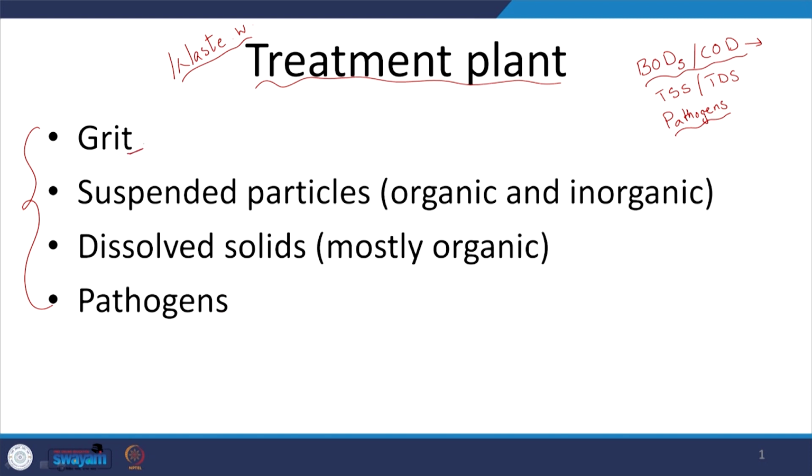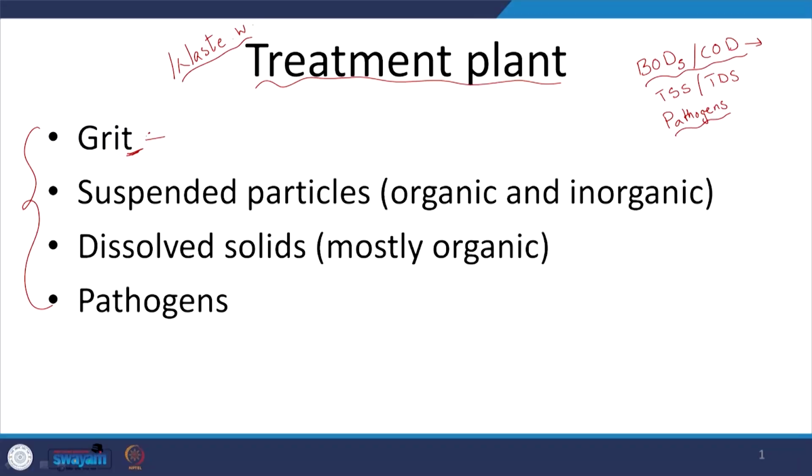So we have grit, right, and other heavier particles. Grit, think of sand or such that comes in along with the rains, or roasted coffee beans that you use and sometimes dispose into the drains. We have grit, and then we have some relatively finer suspended particles, right?